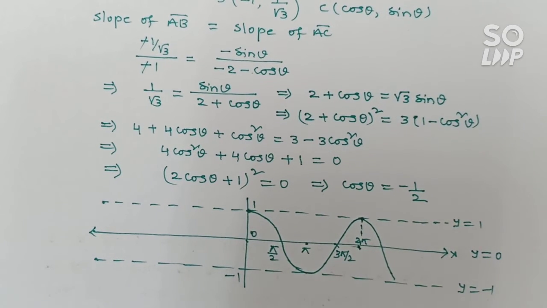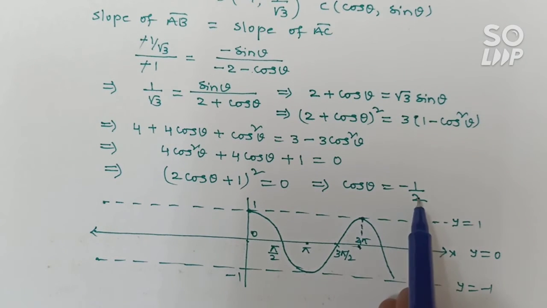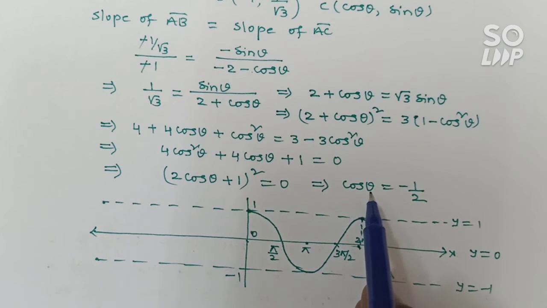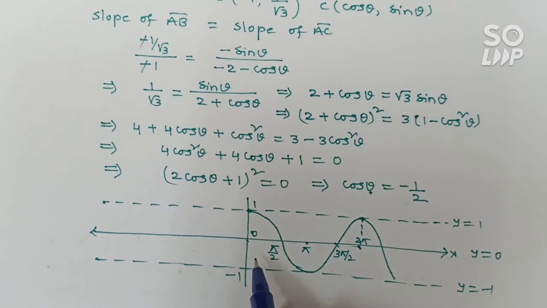Right? So now the next one is cos theta is equal to minus 1 by 2. For how many values of theta will cos theta be equal to minus 1 by 2? Minus 1 by 2 lies between minus 1 and 0.